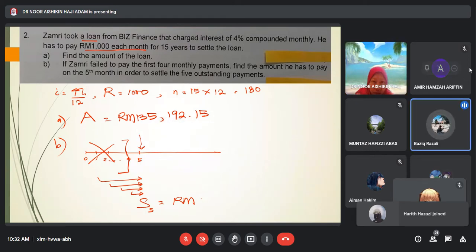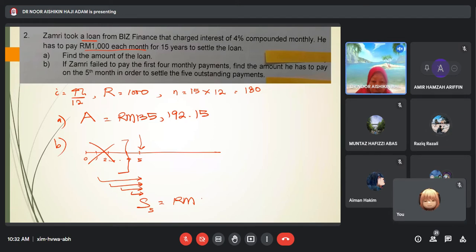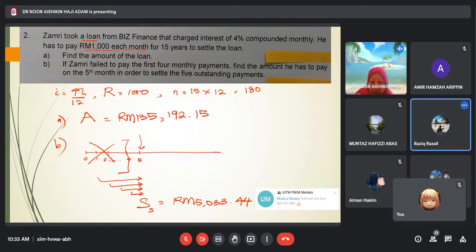Tak ada? Doktor, saya nak cuba. Boleh. 5033.44. Yes, betul. Siapa ni? Razik. Aziz. 5033.44. Yep. That's the answer. Faham, kelas?